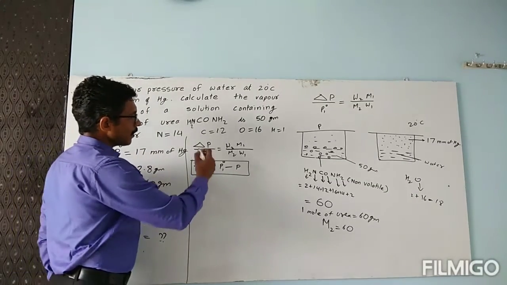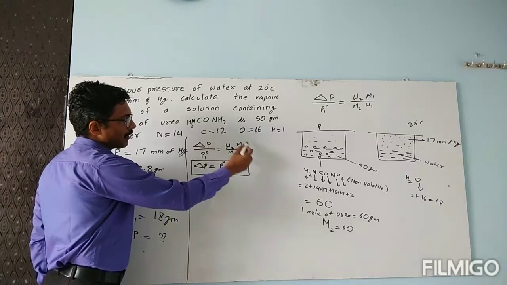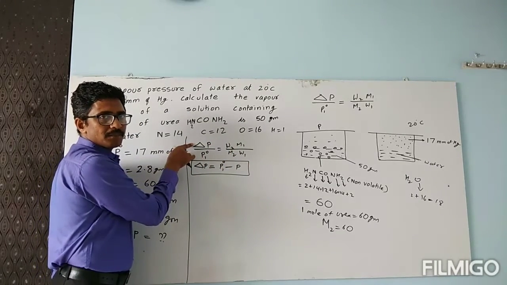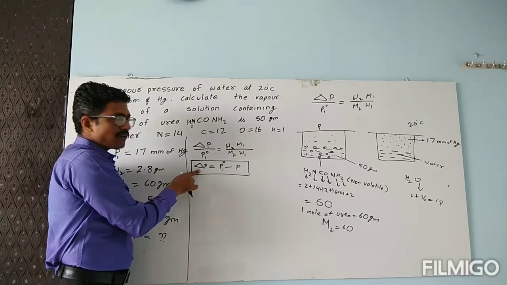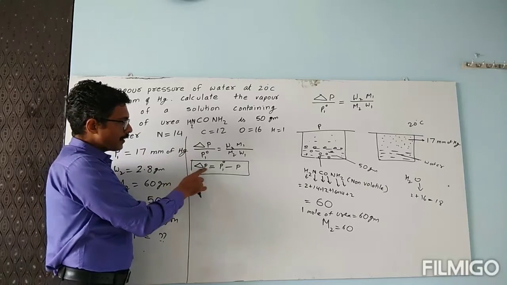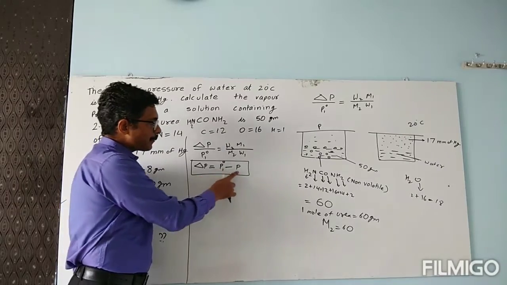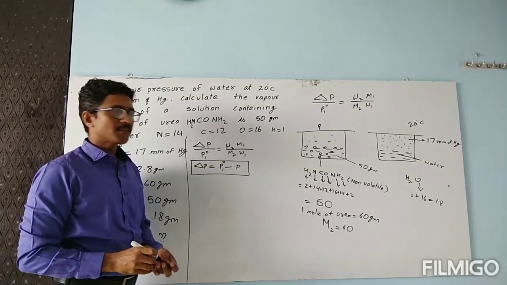With the help of this formula, we are able to calculate delta P. Once you have calculated delta P, the P1 value is already given, then P we can find out.